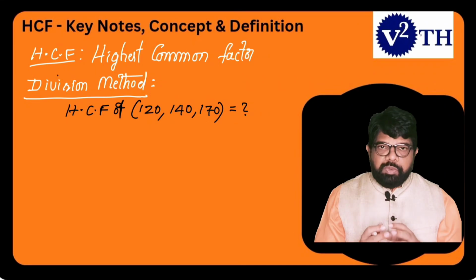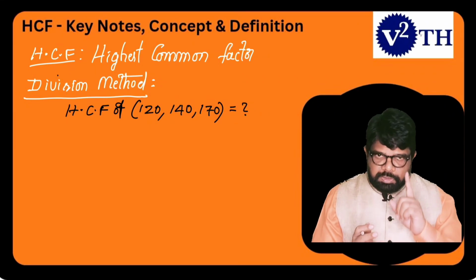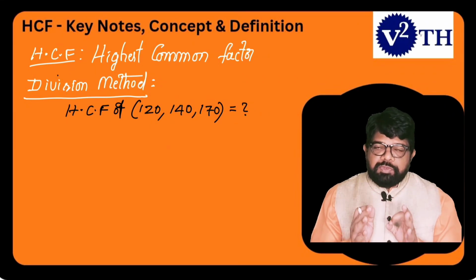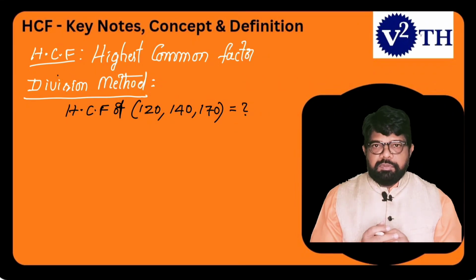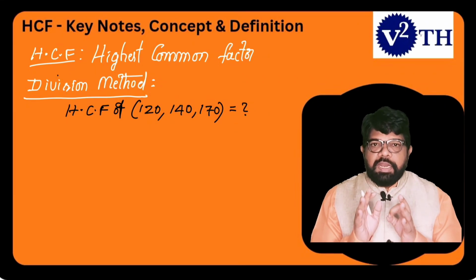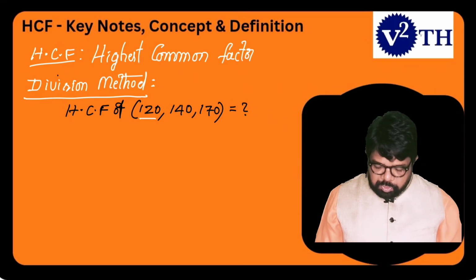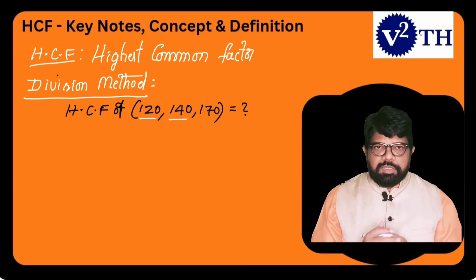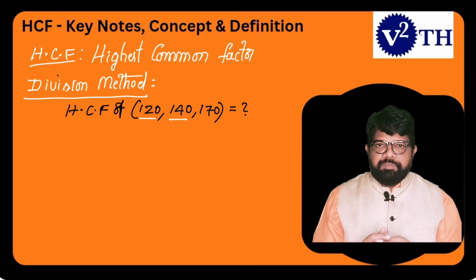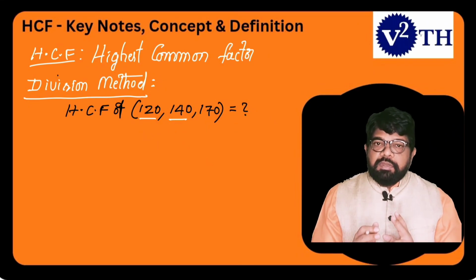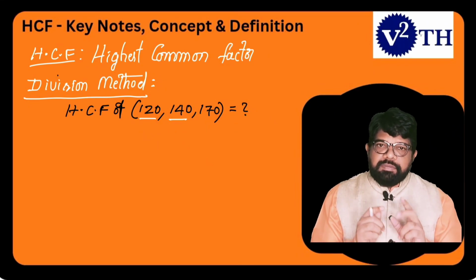In the division method, what you do? The first step is you have to select any 2 values from the given values. Suppose here I select the first 2 values, 120 and 140. In these two numbers, divide the larger number by the smaller number.